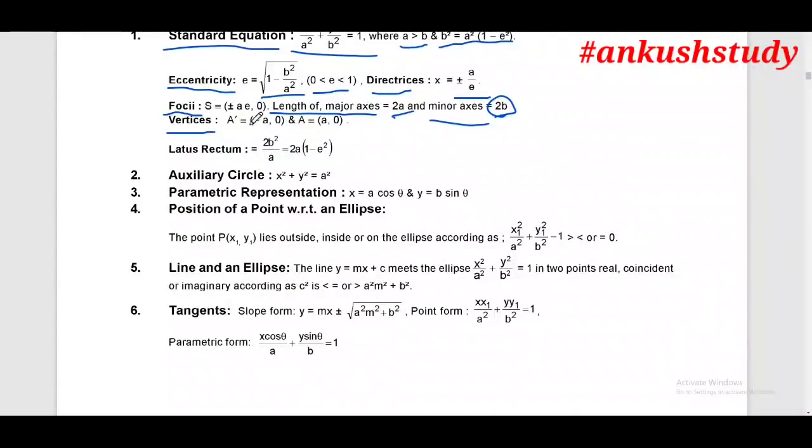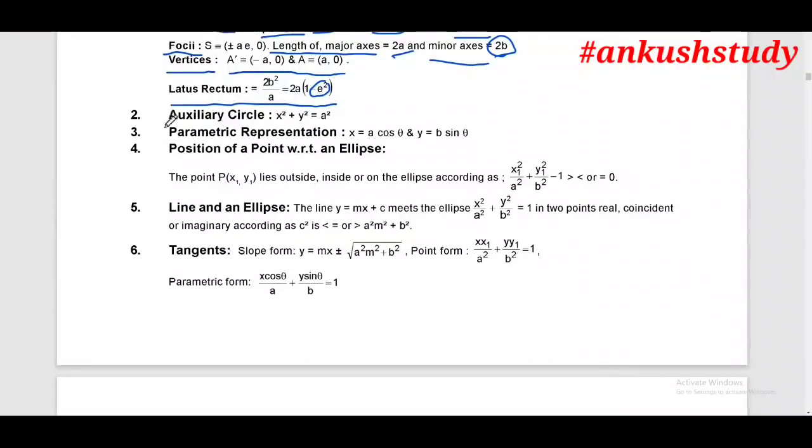Vertices: A dash is equal to minus a, 0, and A is equal to a, 0. And this is the latus rectum, which is also an important formula, equal to 2b square upon a, which is equal to 2a into 1 minus e square. E here represents the eccentricity.